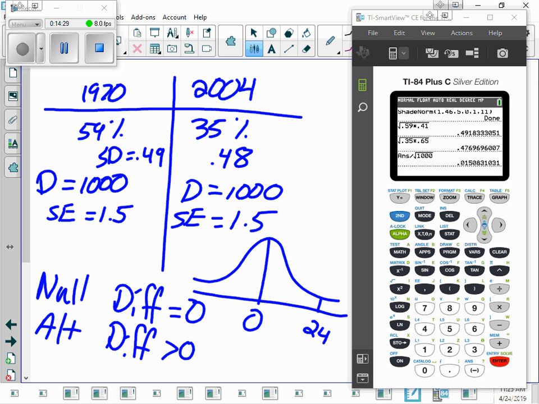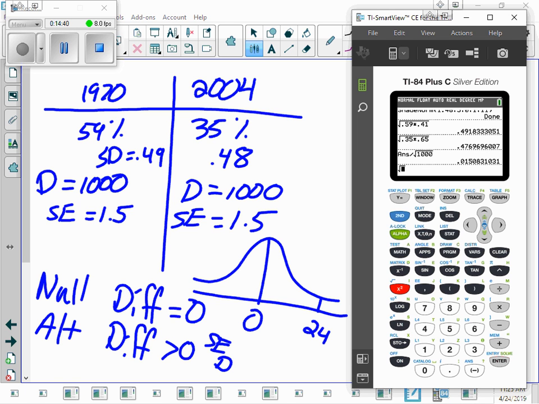Now I need to compute my z-score. Well, I need the SE for the difference, which is going to be the square root of 1.5 squared plus 1.5 squared, which is 2.12.